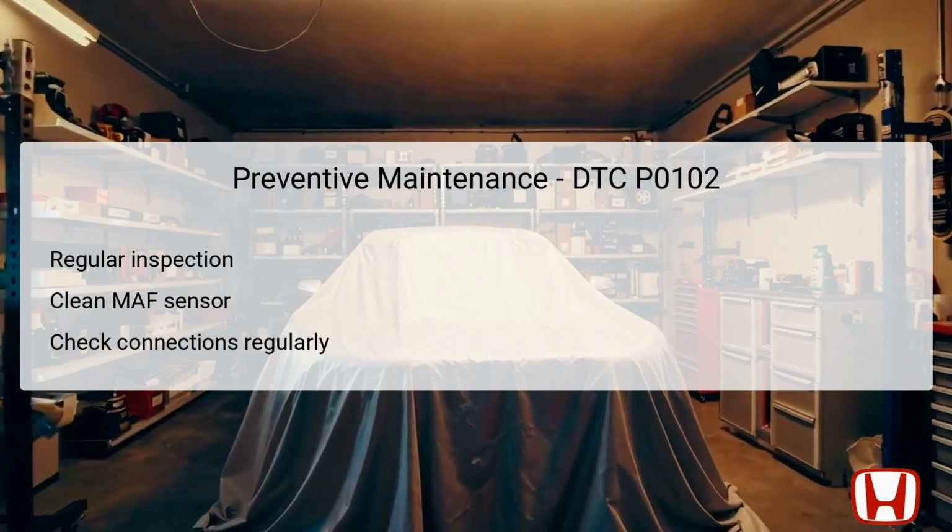Checking connections for looseness or corrosion must be part of periodic vehicle inspections to ensure reliable sensor performance. Monitoring air filters for clogging or dirt buildup can also help maintain optimal airflow, which is crucial for both MAF function and overall engine performance. Such preventive actions extend the lifespan of the components and enhance vehicle efficiency.